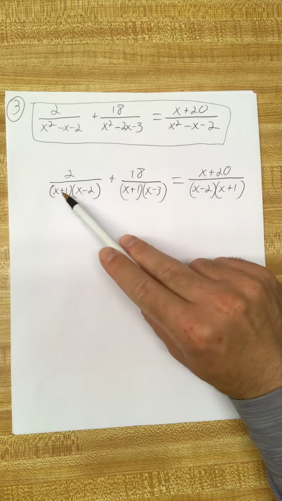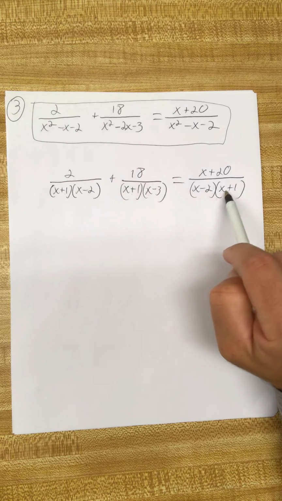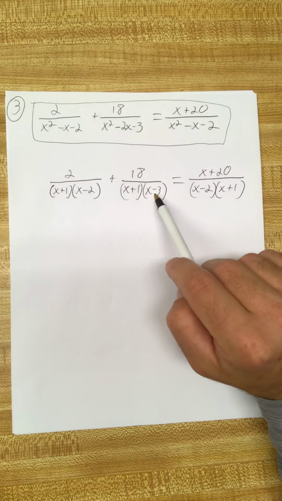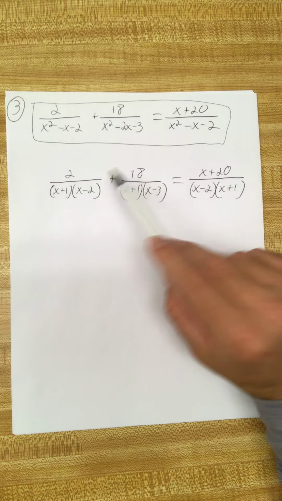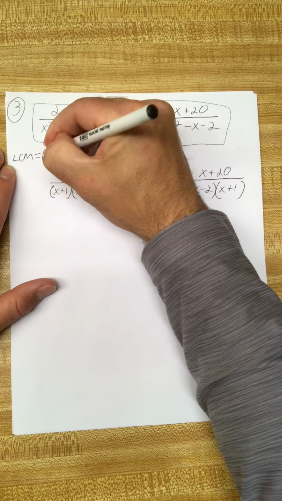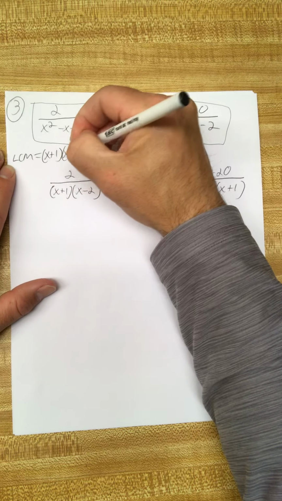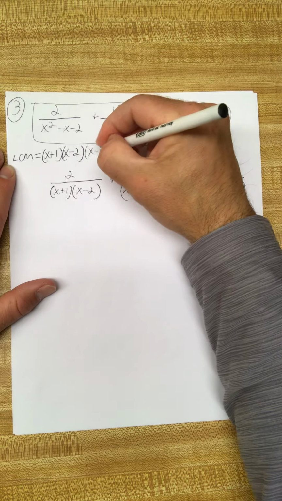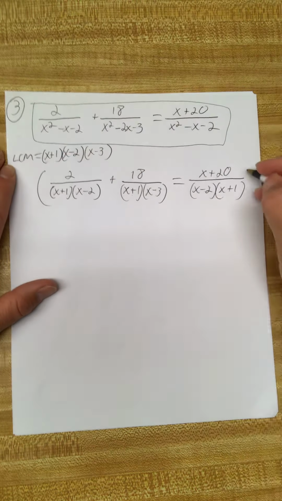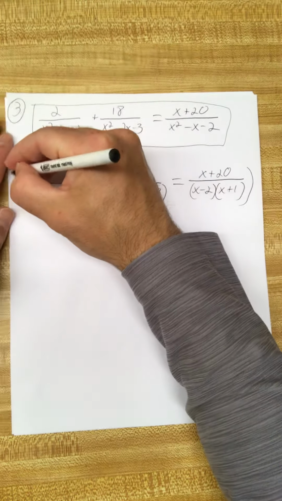Okay, so here we have x plus 1, x minus 2. It's nice that this one is the same, x plus 1 and x minus 2. But here we have an x minus 3. So you need all three of these. So what you're seeing here is you need to have x plus 1, x minus 2, and x minus 3. Okay, so that's what we're going to multiply this whole fraction by.